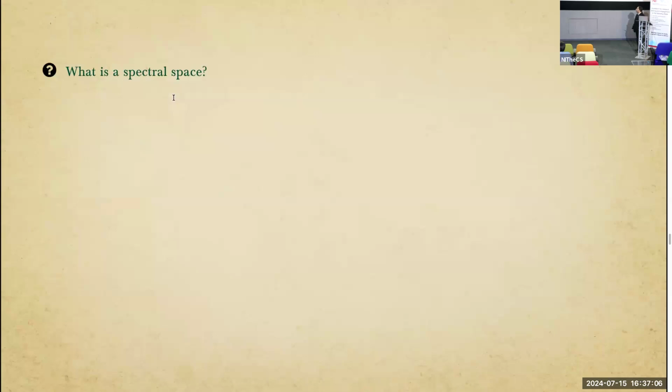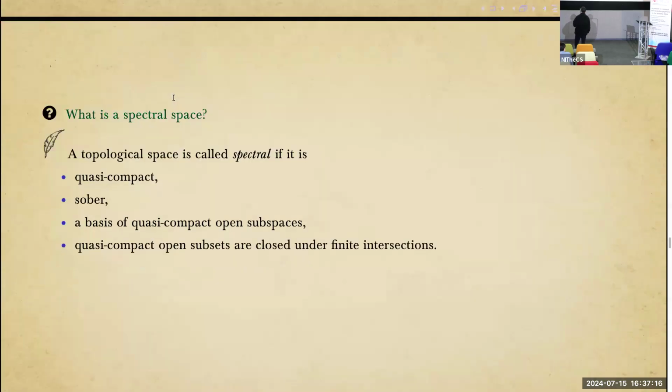So this kind of topology, Zariski topology, has a very special property which is called spectral spaces. And spectral spaces are a very special type of topological space which is quasi-compact. Please forgive me for using this word quasi again and again. Because when I work with these people on commutative algebra, they prefer the Bourbaki style.